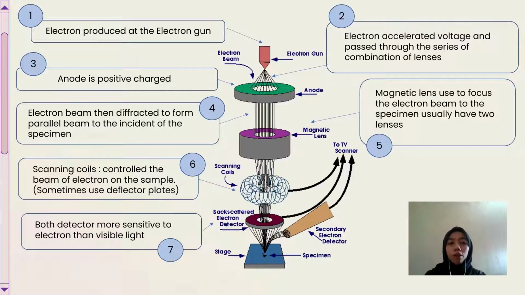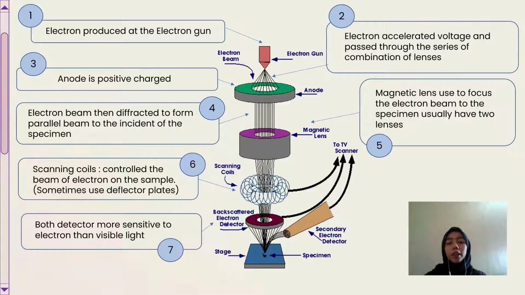The electron beam is accelerated by voltage to pass through a series of lenses. After the electron is emitted, it passes through an anode because the electron, which is negatively charged, is attracted to the positive charge of the anode. After that, a diffracted electron beam forms parallel to the incident of the specimen.